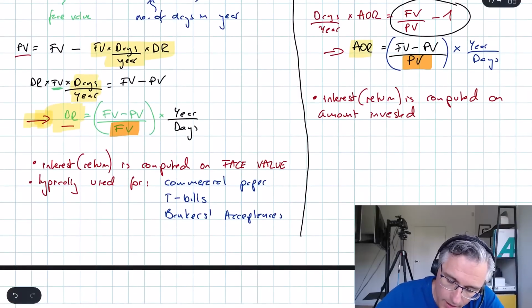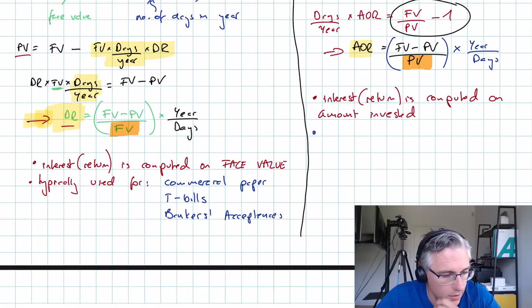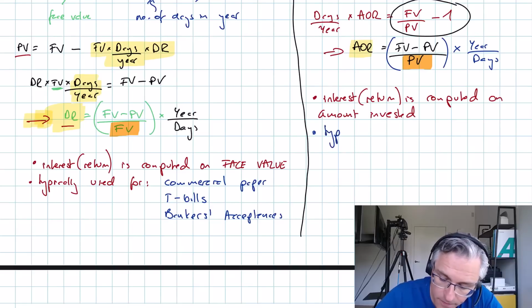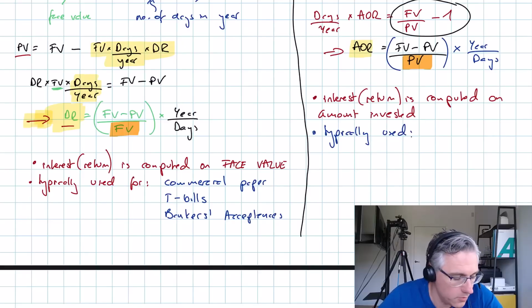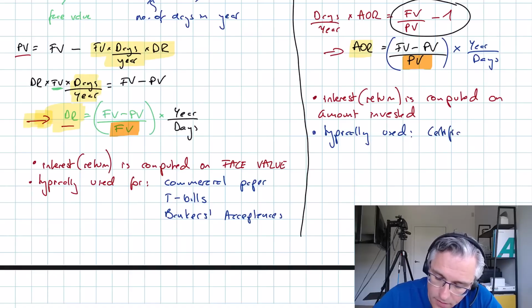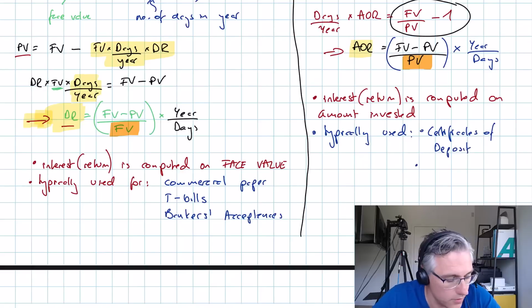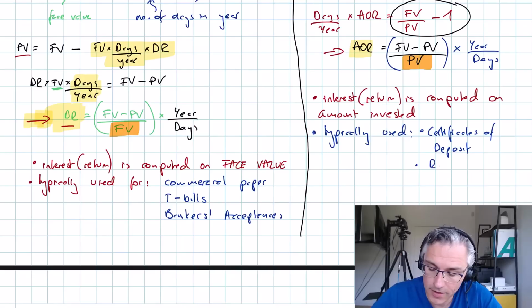Okay, and the other point here is that it is typically used for specific types of instruments, bank certificates of deposit. Also, it gets used in repo transactions.